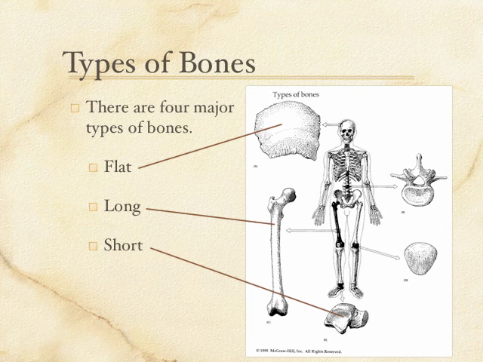Again, in the foot, all of these bones behind the metatarsals, as a group, these 7 bones are called tarsals. Those tarsal bones are all very block-like. And that's basically what we think of when we think of a short bone.